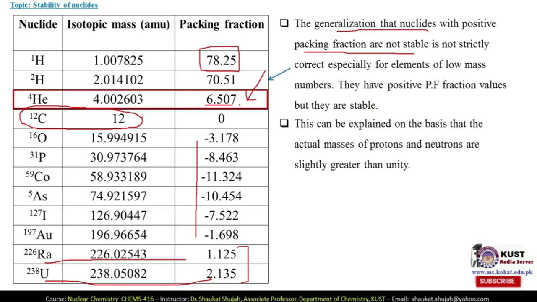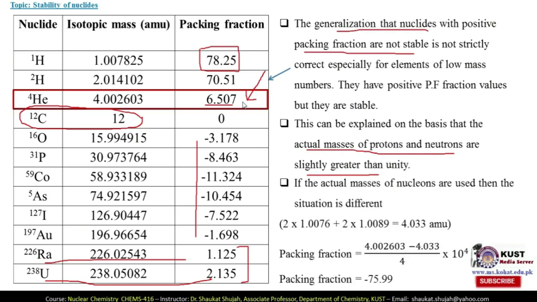And this can be explained on the basis that the actual masses of protons and neutrons are slightly greater than unity. If actual masses of the nucleons are used, then the situation is somewhat different. We get a negative packing fraction value, which supports the stability of these nuclides.